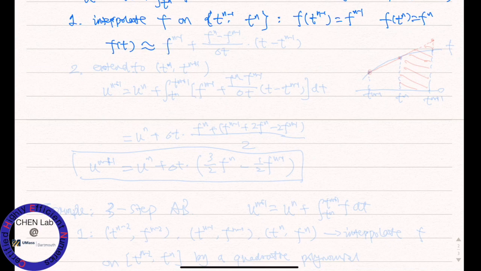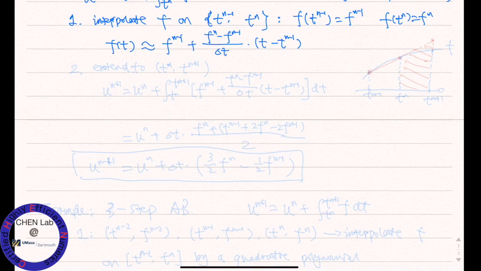We can write it in point-slope form, or the Newton form, and the Newton form is what we are doing here. The slope is (f_n minus f_{n-1}) divided by delta t, times (t minus t_{n-1}).